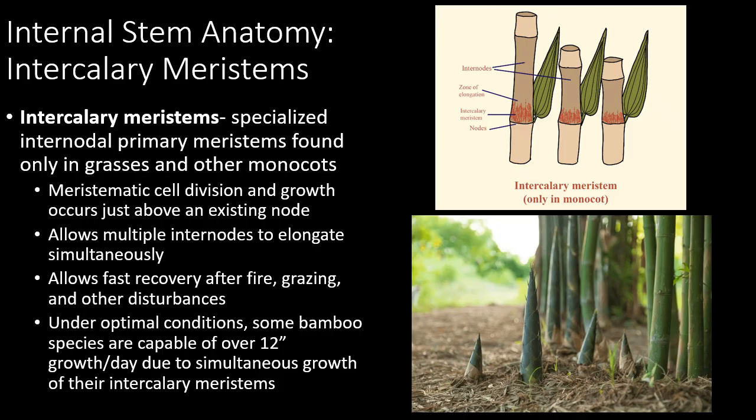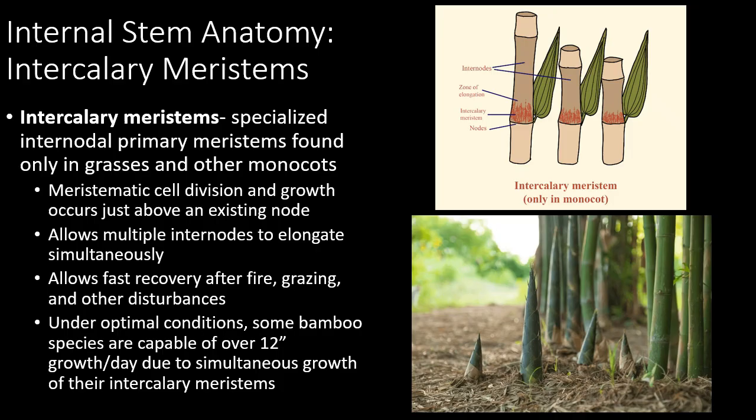When we look at a mature bamboo shoot, at the same height, we only see 1, 2, maybe 3 nodes, right? So what that tells us is that the nodes actually elongated after they developed. So the cell division and growth isn't just occurring at the apical meristem; it's also occurring in these intercalary meristems.